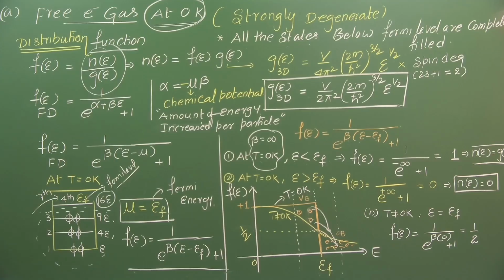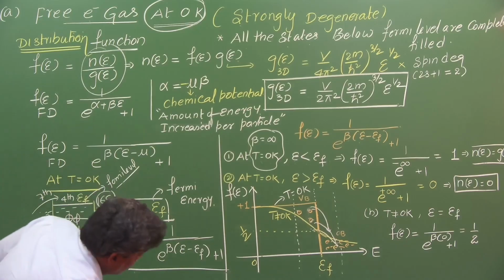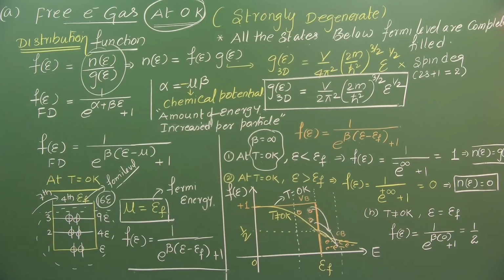Valence band. If it is an n-type material, the Fermi energy level is close to what? Conduction band. Understand and write, very crucial, very important, not only for SSP, for SM also.